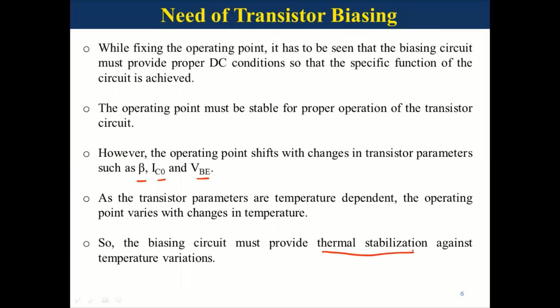Means even though there are some changes in temperature, there must not be any change in operating point. Then only our transistor can be properly operated. So to operate the transistor in the required region, to fix the operating point, and to stabilize the operating point, we need biasing for the transistor.